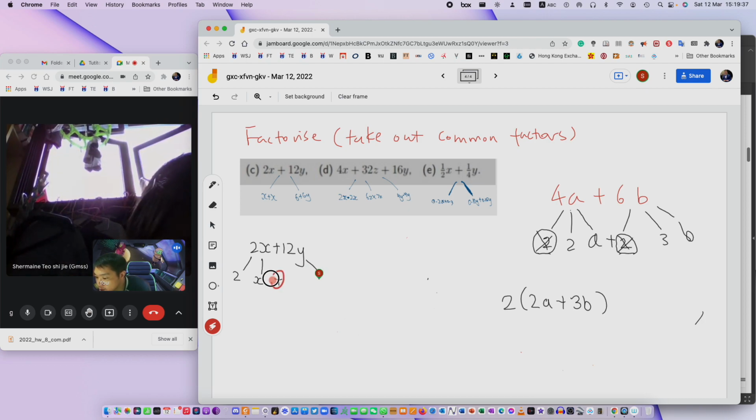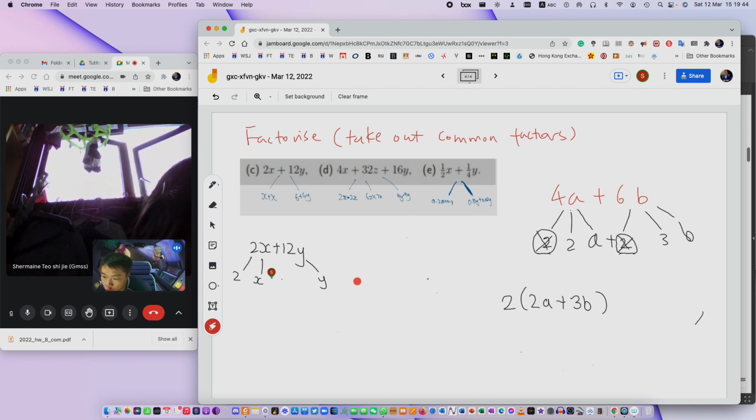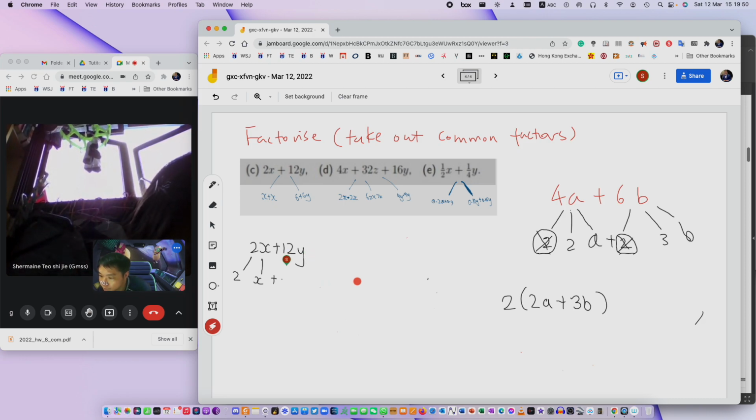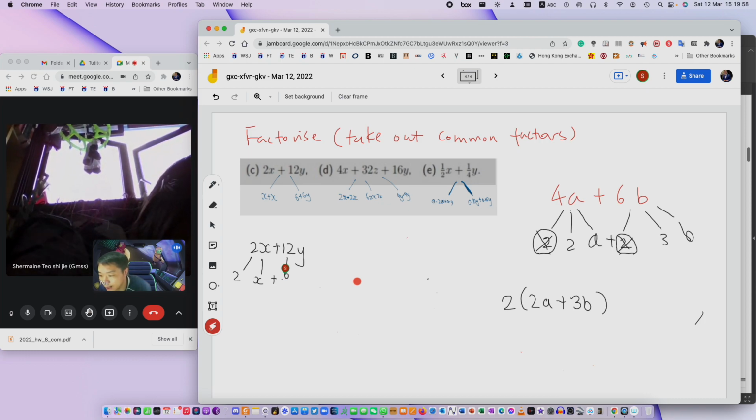You see your plus is too big already. That's why you need to move to the right so much. You need to plan your space. So how do you split the 12y?